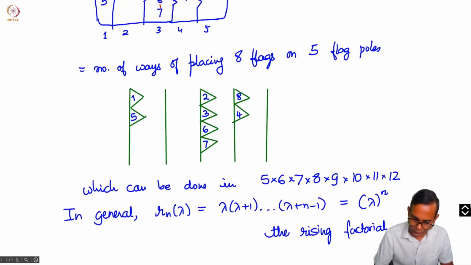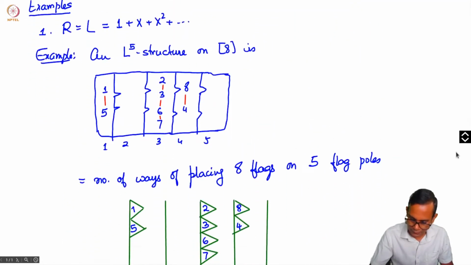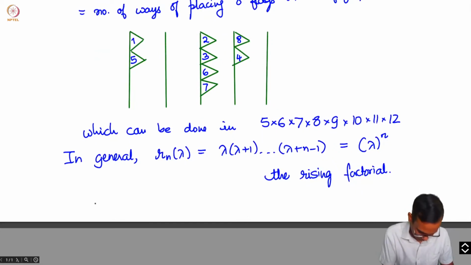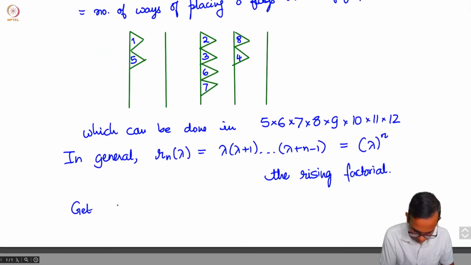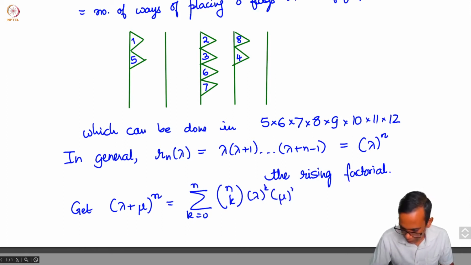And what you get from this lemma is that lambda plus mu upper factorial n is the summation k goes from 0 to n, n choose k, lambda upper k, mu upper n minus k.